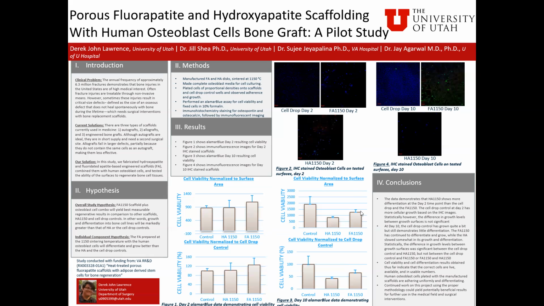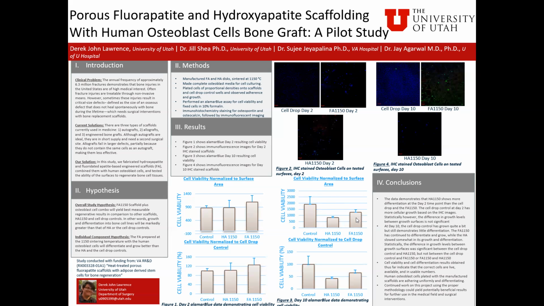And then at the 10-day observed time point, there were significant differences between the HA and the control, and maybe some with the FA, but essentially the control had the whole well to grow and continued growing and eventually started dying off because they overgrew.